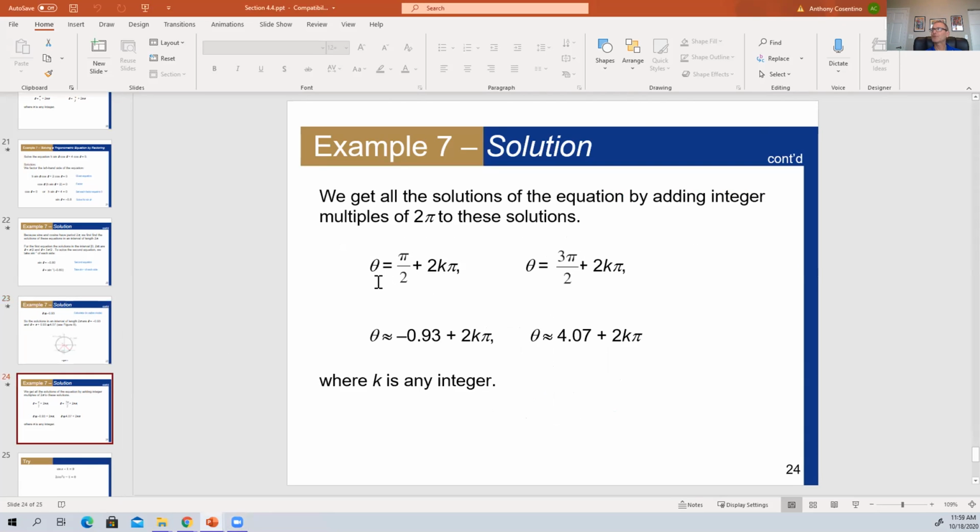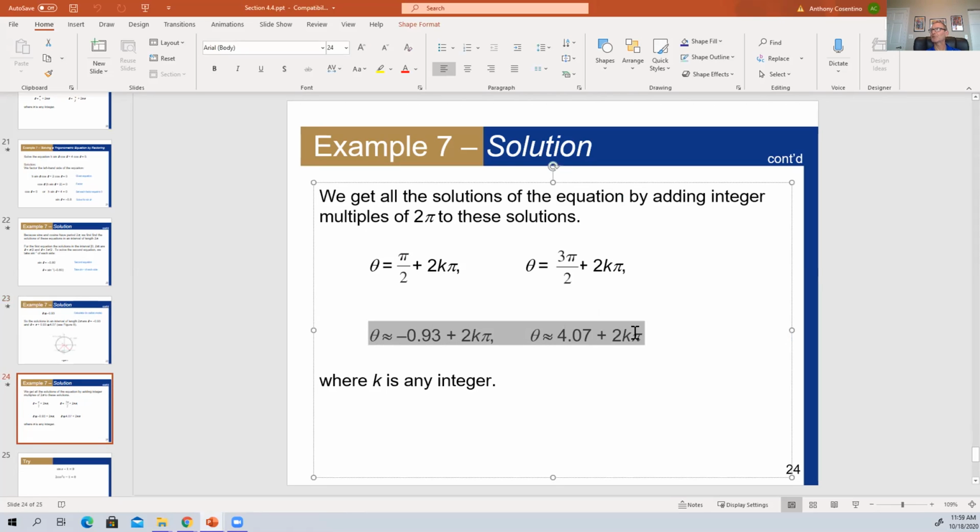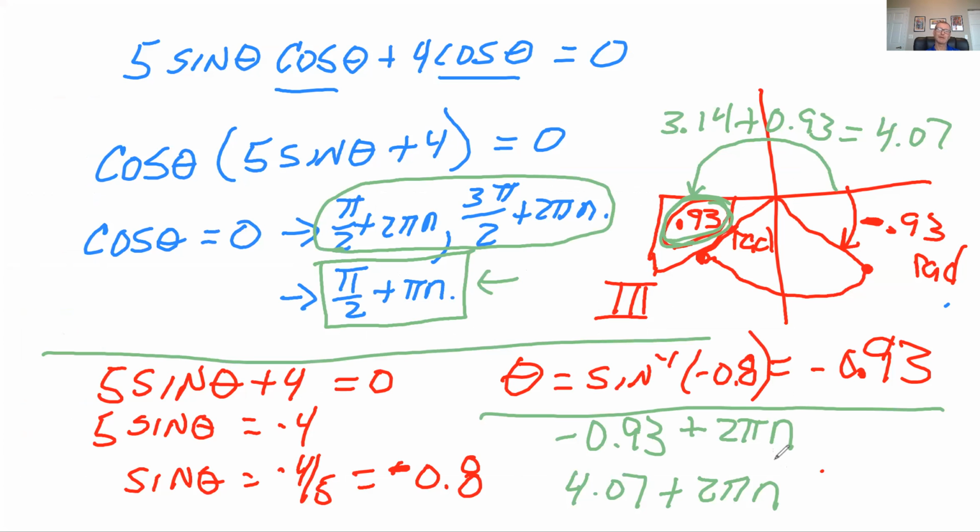And so the other solution here is, here's the cosine, and they didn't combine this one as I combined it. I believe in section 4.4, you don't combine it. And then in section 4.5, we bring that complication together. And here are the 2 solutions for the sine. And here they're using k for any integer, and in the values that I used up here on the whiteboard, I used n for any integer.